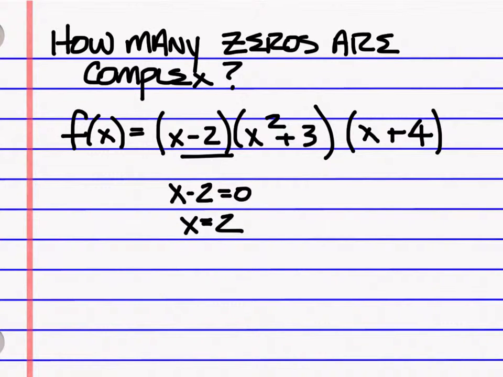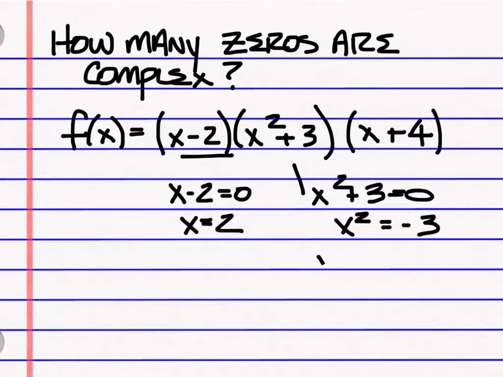and get an answer. So for that first one, it's x equals 2. Is 2 complex? No, it's not. It doesn't have an i in it. So we'll do this one. X squared plus 3 equals 0. If I move that 3 to the right, I get a negative 3, and I need the square root of both sides.